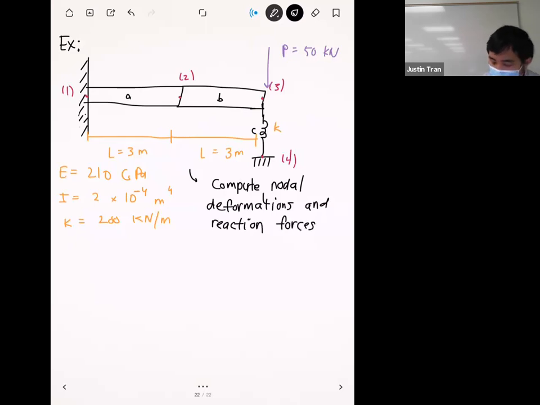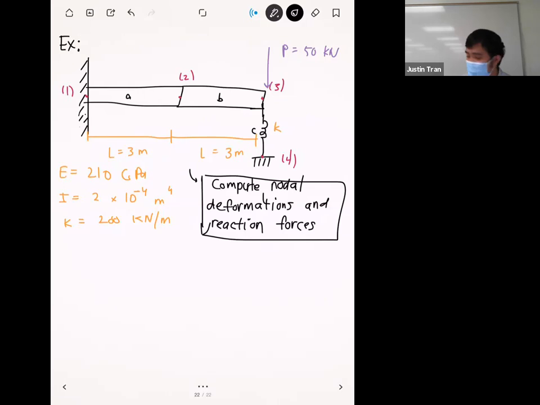And so we're going to take this problem and compute the nodal deformations and reaction forces. We're going to go through the entire direct stiffness method again, but this time we're going to have numbers ready.